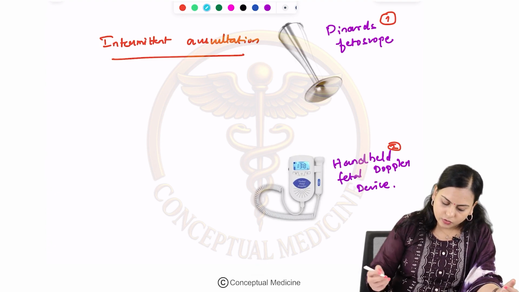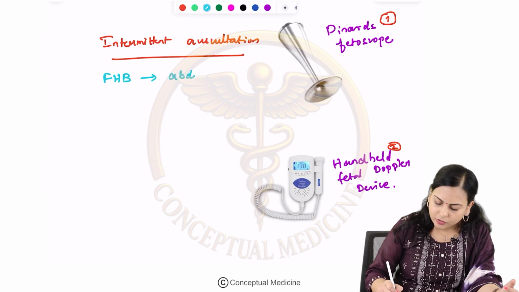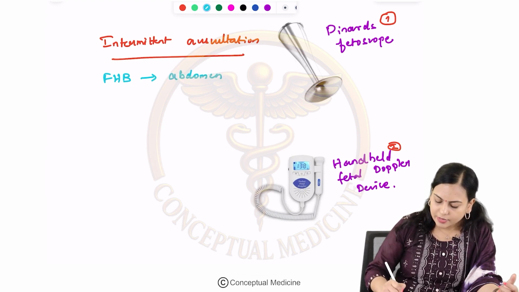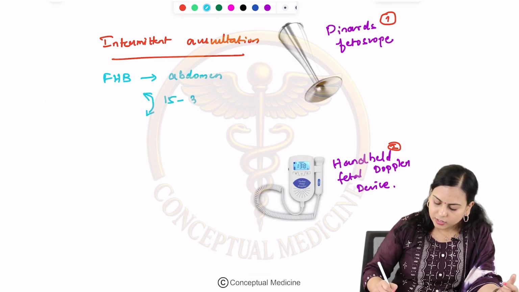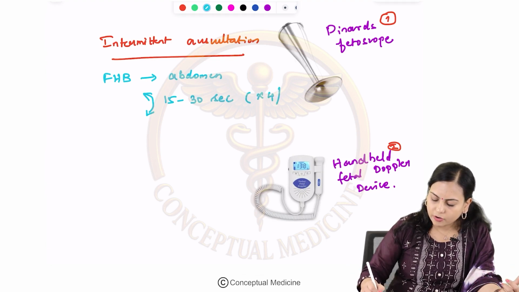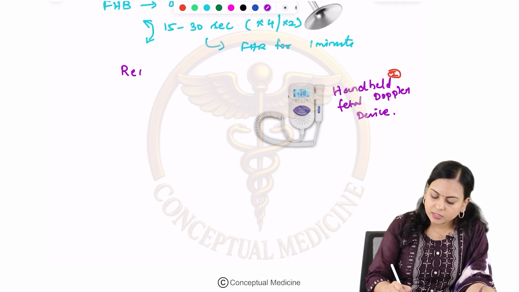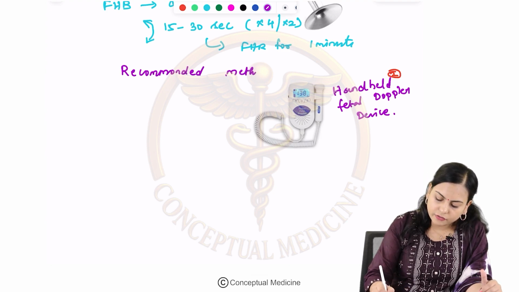Okay, so what we have to do is the fetal heartbeat is heard through the abdomen of the mother, and you can measure it for 15 to 30 seconds and then multiply it by 4 or 2 to get the fetal heart rate for 1 minute. So this is the recommended method of fetal assessment.